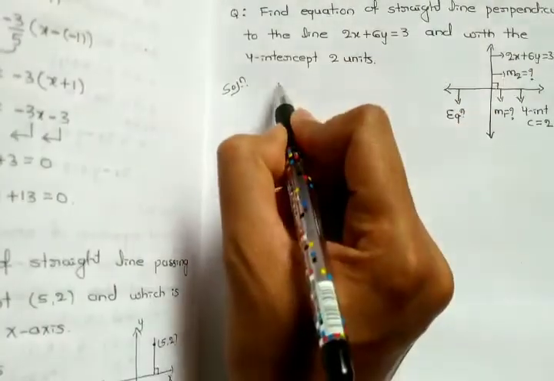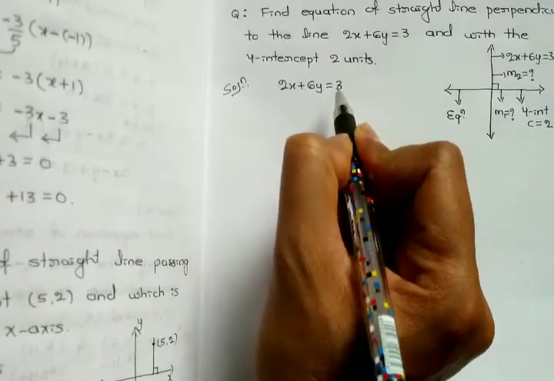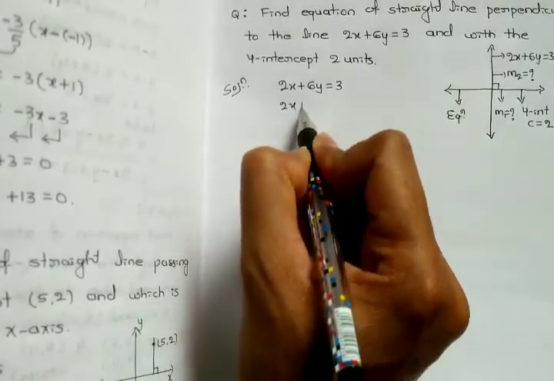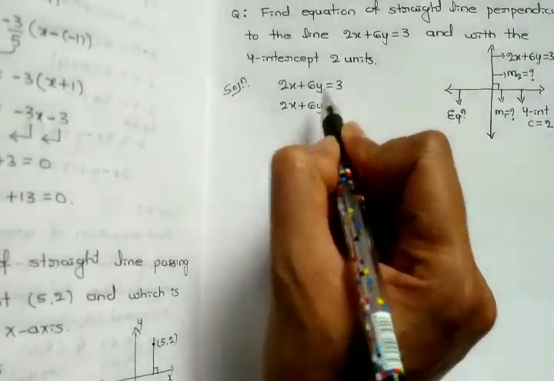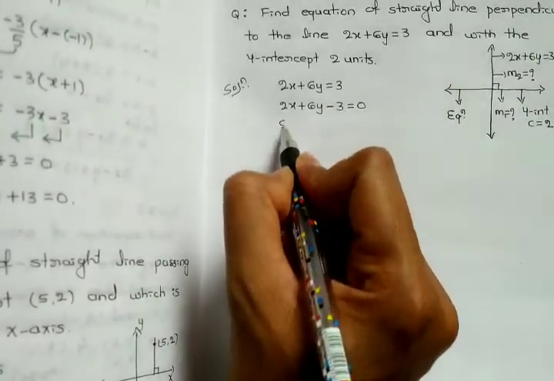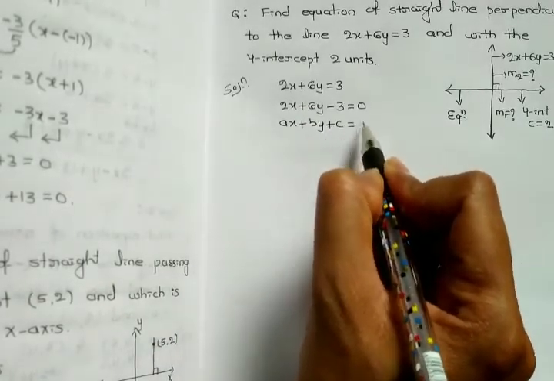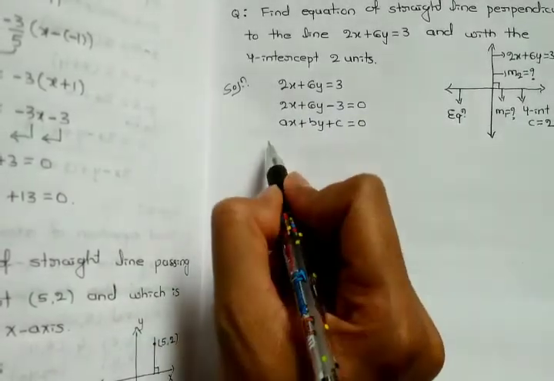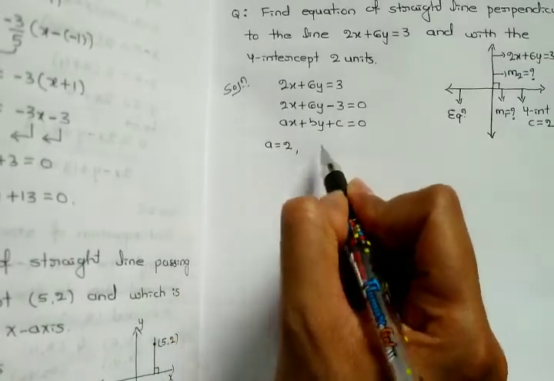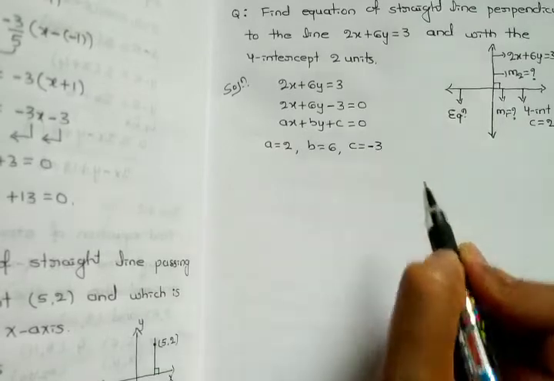Consider the equation 2x plus 6y equals 3. Therefore 2x plus 6y, if you shift 3 to the left-hand side, it becomes minus 3 equals 0. It is of the form ax plus by plus c is equal to 0. Therefore here a is equal to 2, b is equal to 6, c is equal to minus 3.